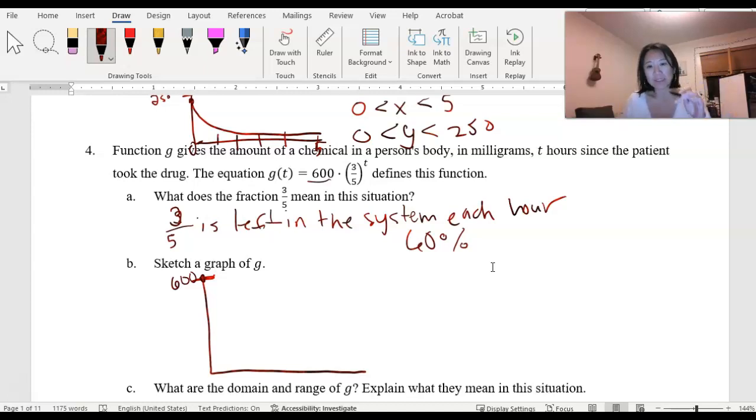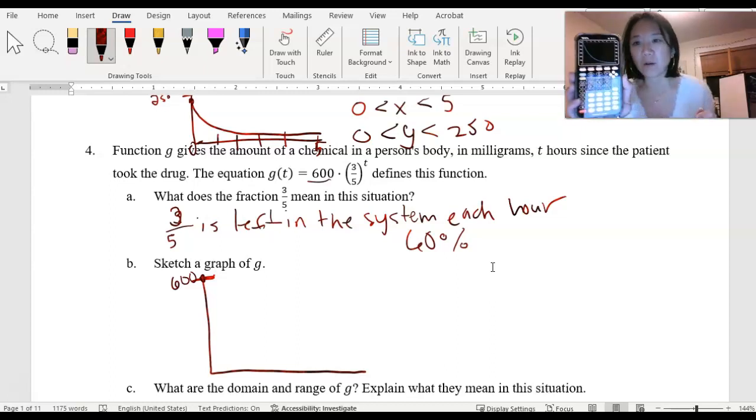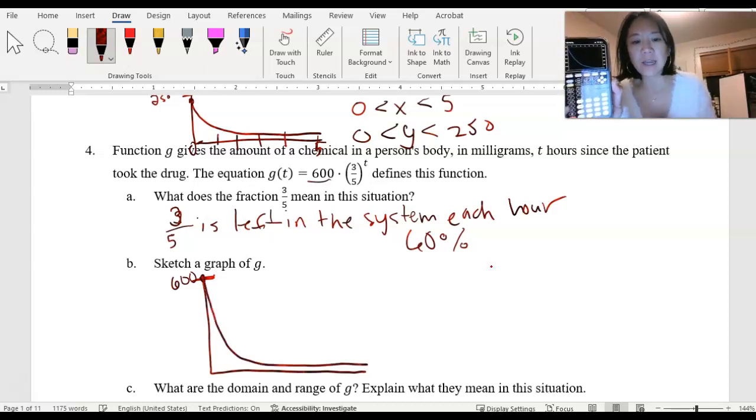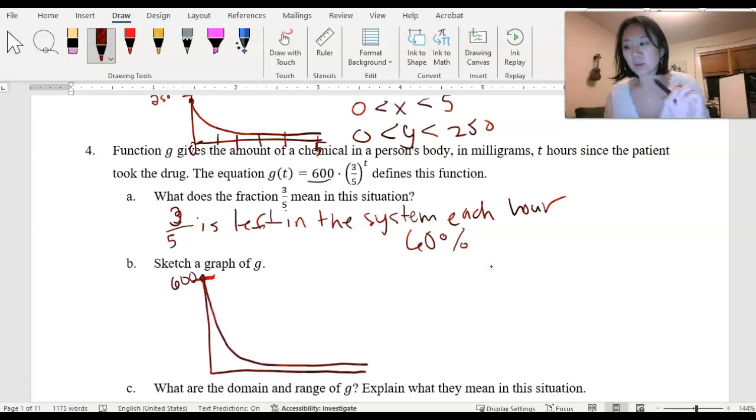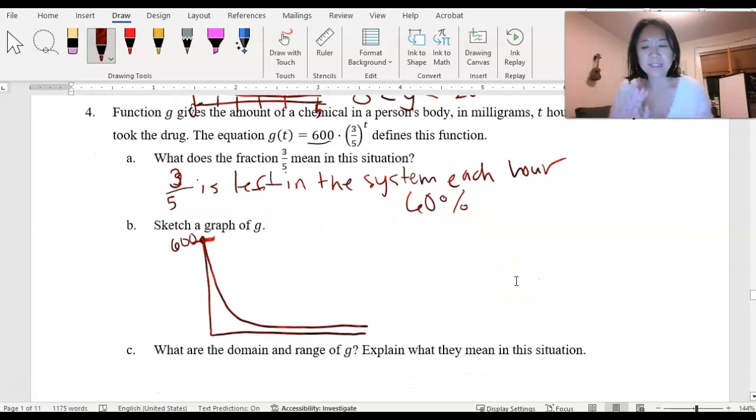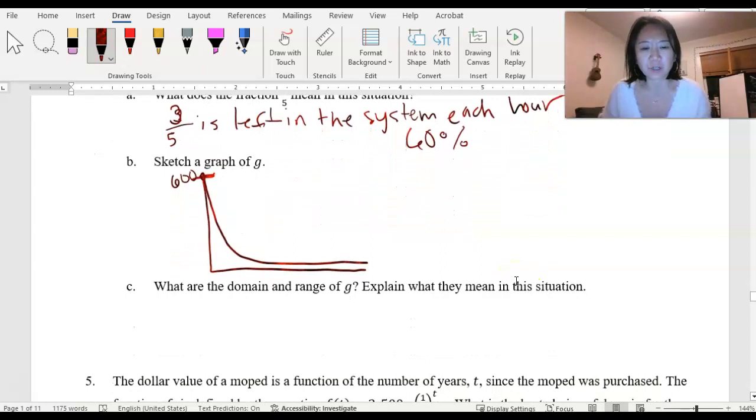And then over time it is decreasing. And again, I have it set from 0 to 5 because we're thinking 5 hours. I'm going to change it 0 to 8. I mean, maximum, right, we would think that amount of medicine will be there about 8 hours, right? And so again, we have a curve that is decreasing and approaching 0 over time. All right, and again, this is a sketch, so it doesn't have to be exact or perfect.